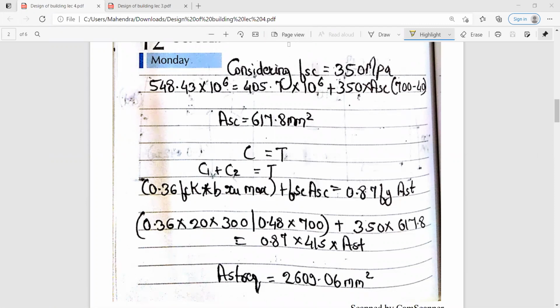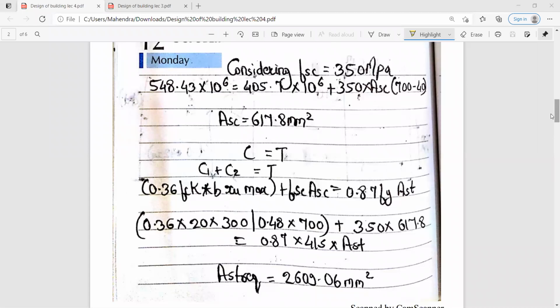Okay, everyone had got the value for AST required. After calculation of AST required, I hope all the others had also done this calculation.